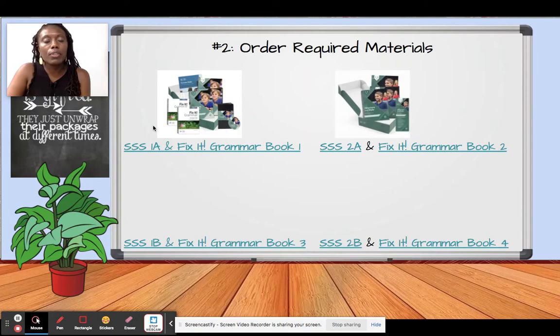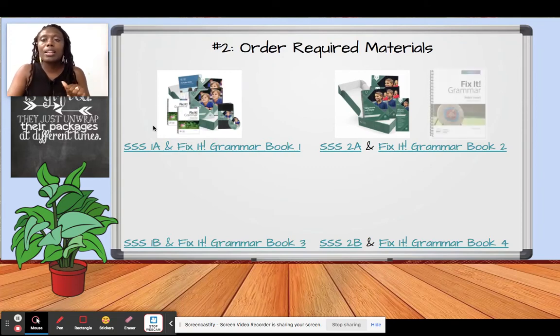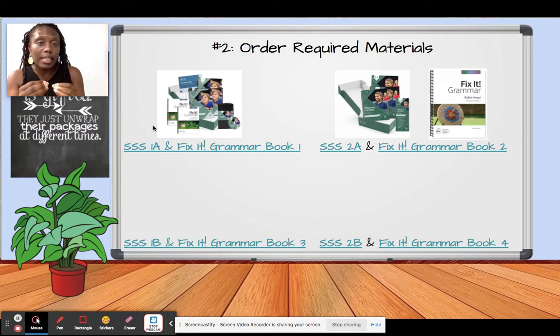Now you'll notice that if you're in SSS 2A, you'll have to order your teacher and student guide separately for both Fix It Grammar and SSS 2A. They don't have a package. So the student needs the student guide for the writing side and the student guide for the Fix It Grammar side.